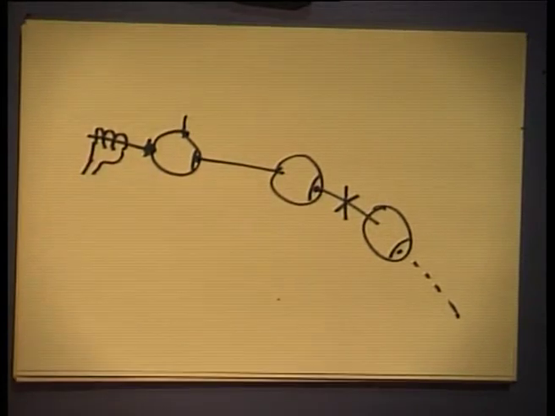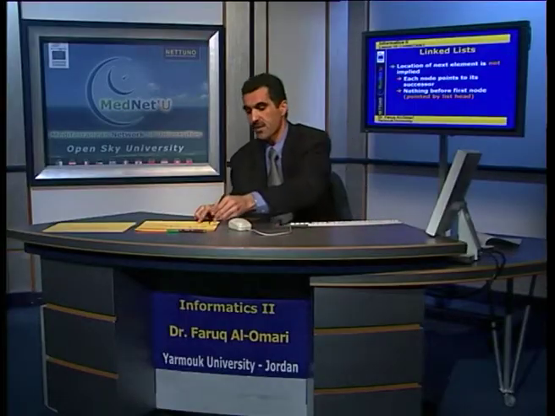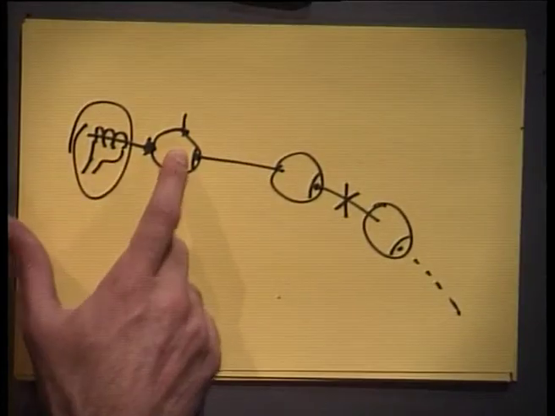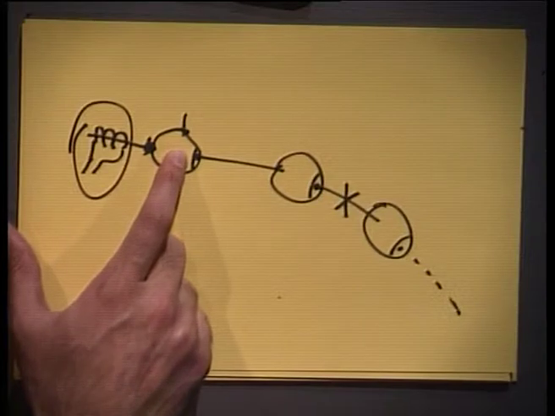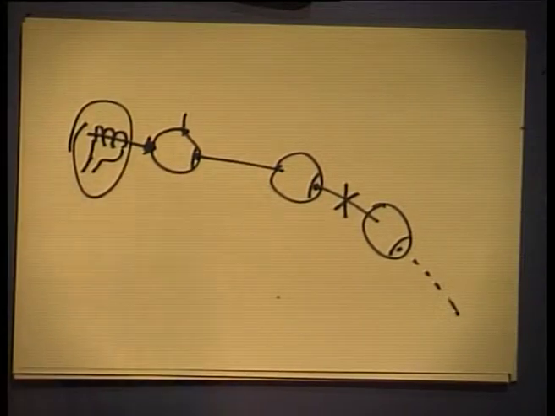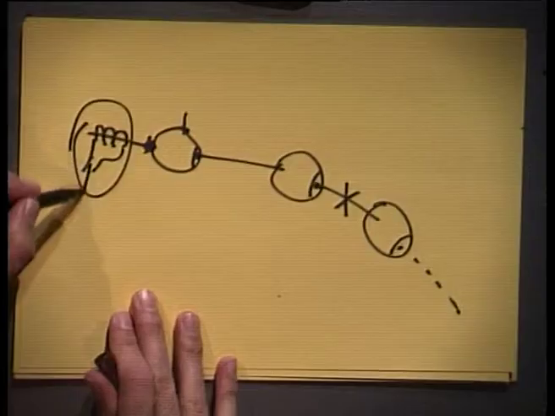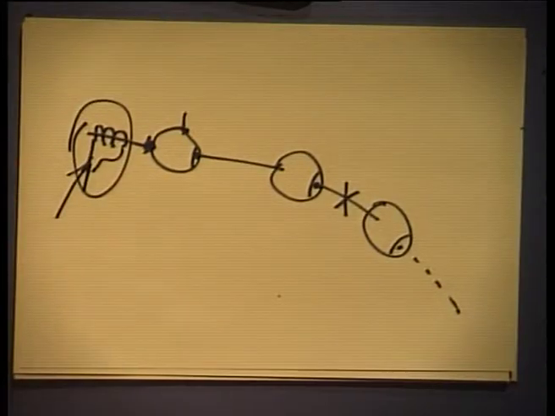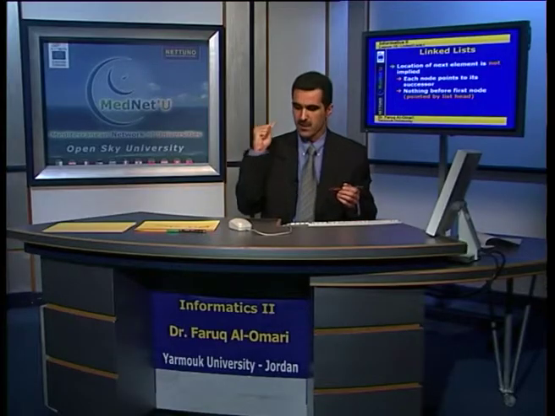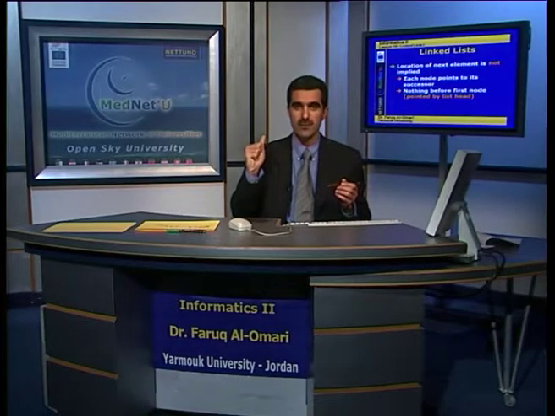So the only thing that I need to know to access all entries in the list is this one, because this is pointing to the first one, and then the first points to the second, the second to the third, and so forth till I get to the very last node in the list. So this is the most important and crucial pointer that I have. Keep it tight in your hand, never lose it. Okay?